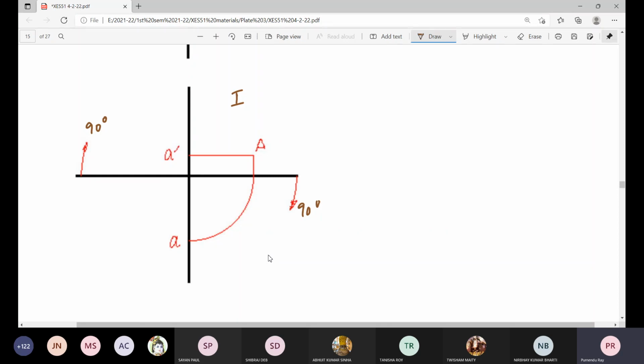So ultimately you are getting a single vertical plane on which A and A prime are both presented. So the lowercase a comes here. And finally, the formality is this. This line is the XY line.